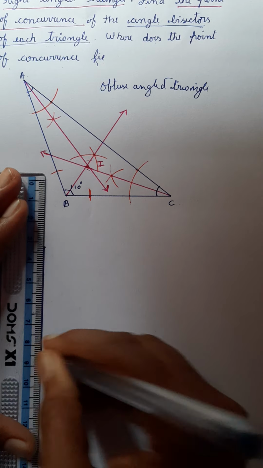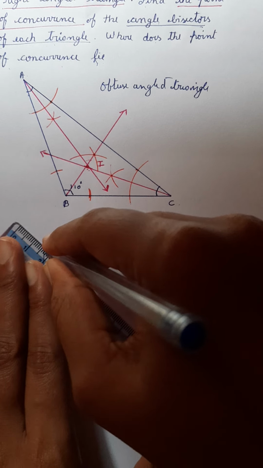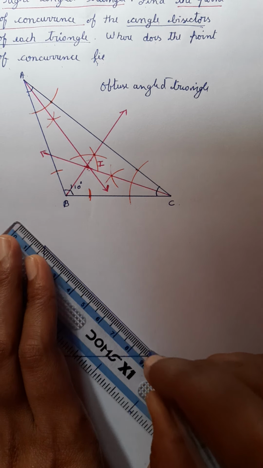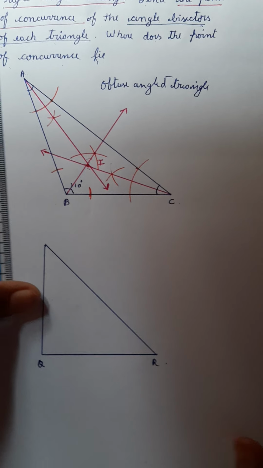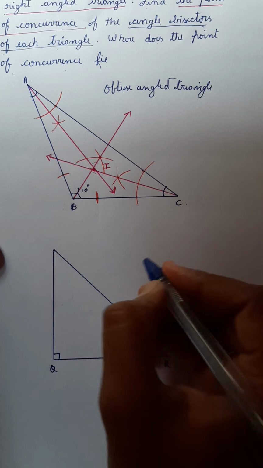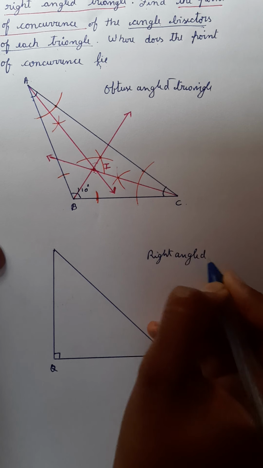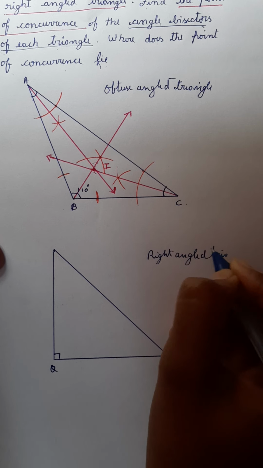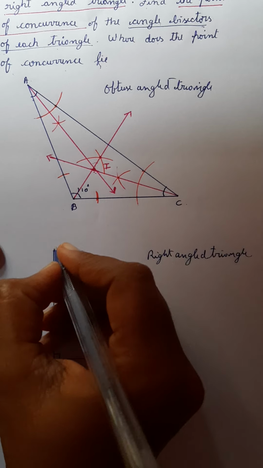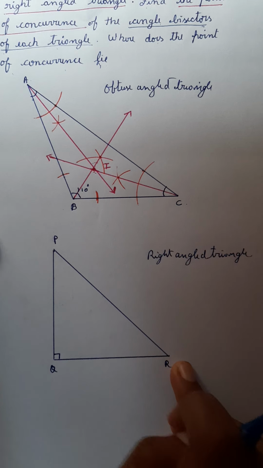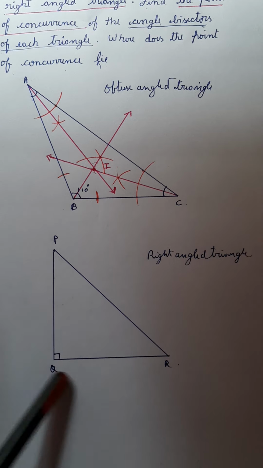Join this. And mark 90 degrees. Right angled triangle PQR. Now we will bisect all the three angles.